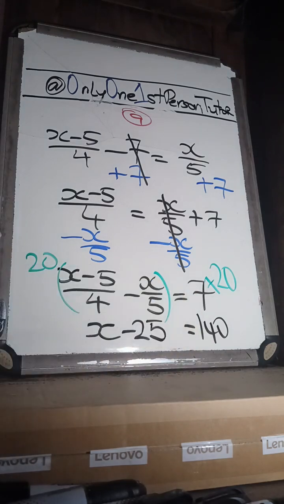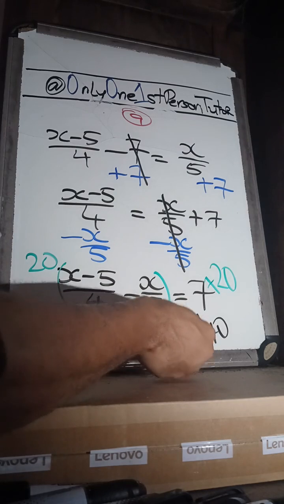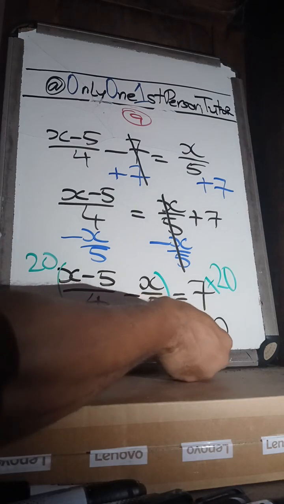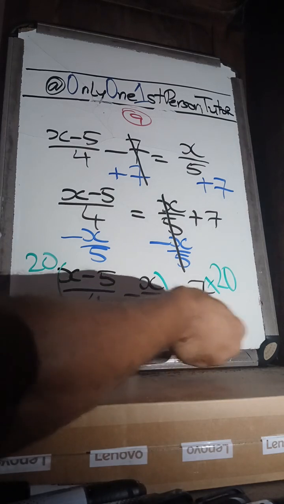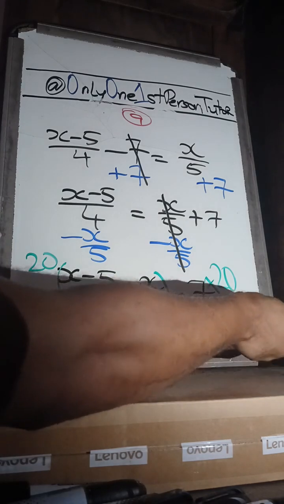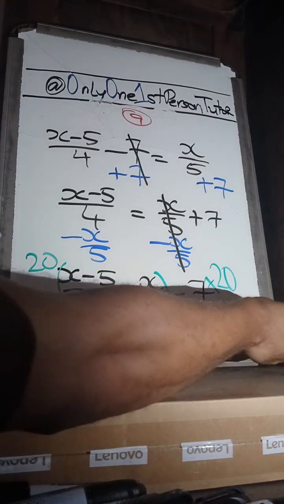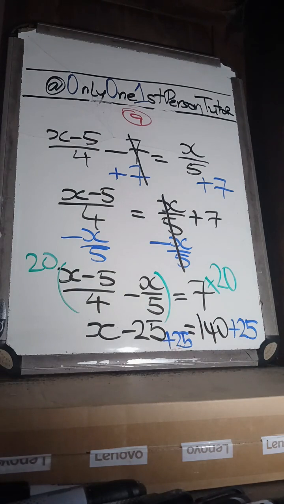Now we only have one thing left to do. We add 25 to both sides. That's it. So we'll have a 25 here and a 25 there.